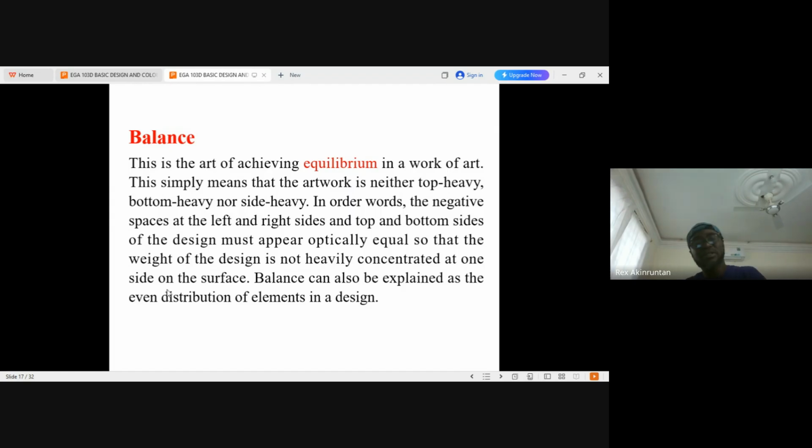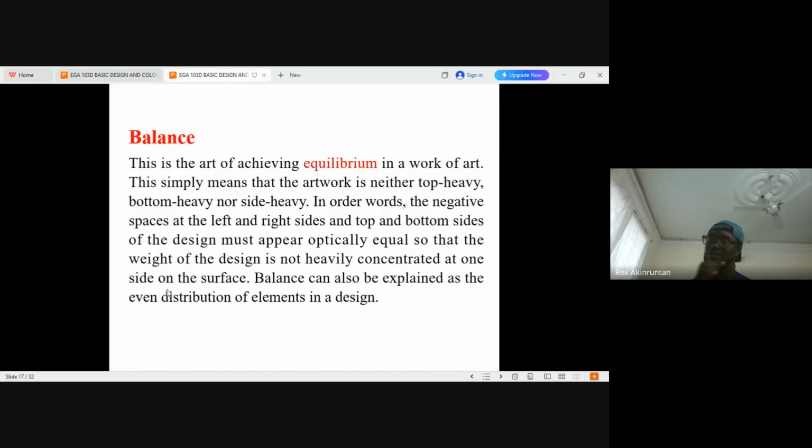You see, when it's boring, that means the elements are not properly distributed and the work is very, very uninteresting. So in other words, the negative space at the left and right sides and top side and the bottom side of the design must appear optically equal so that the weight of the design is not heavily concentrated on one side on the surface.